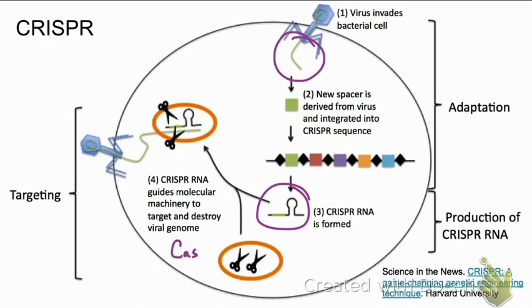They will associate with molecular machinery known as the Cas system. And this Cas system, along with the CRISPR RNA, if it ever sees the same virus again, can cause cleavage of that viral DNA. So this is a protective mechanism that bacteria are using to prevent infection, but in essence it is another mechanism of gene expression.